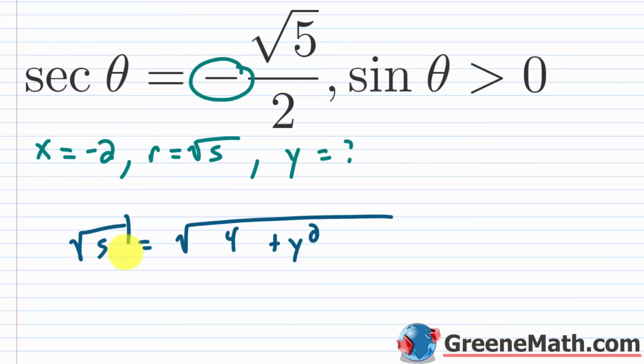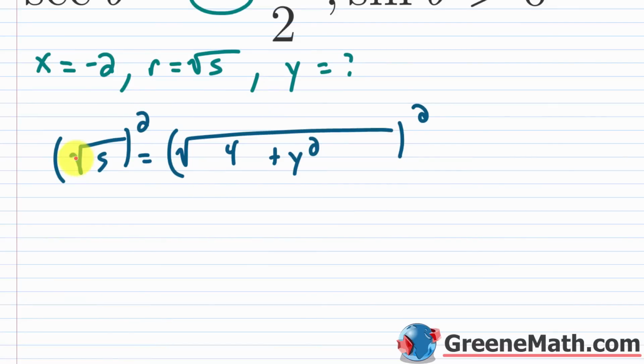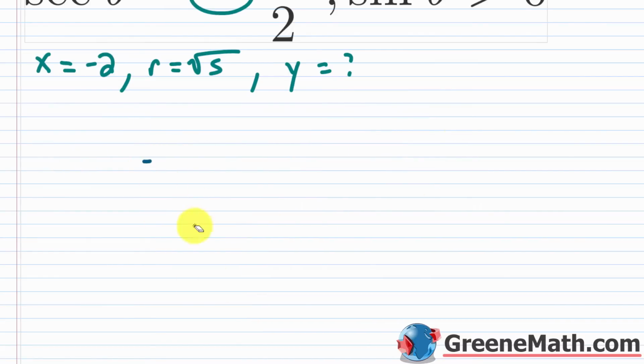So what we could do here is just square both sides of this equation, and the square root of 5 squared is going to be 5, and this equals 4 plus y squared. So I would just subtract 4 away from each side, and so we're going to have y squared is equal to 1. So let's just write out that y squared is equal to 1.